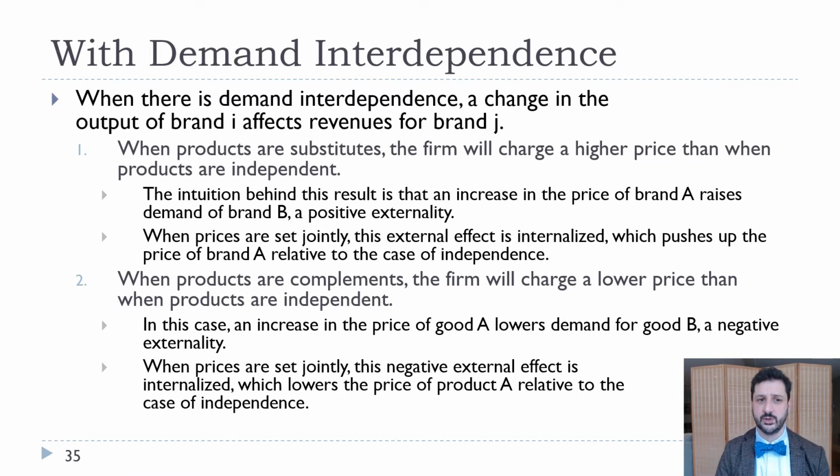And so there's two possibilities. One is that these two products are substitutes, and the other is that they are complements. So if they are substitutes, the firm is going to charge a higher price than when they are independent. And the idea is that, remember when we had the Bertrand competition, you could raise your price when your competitor raised his price.